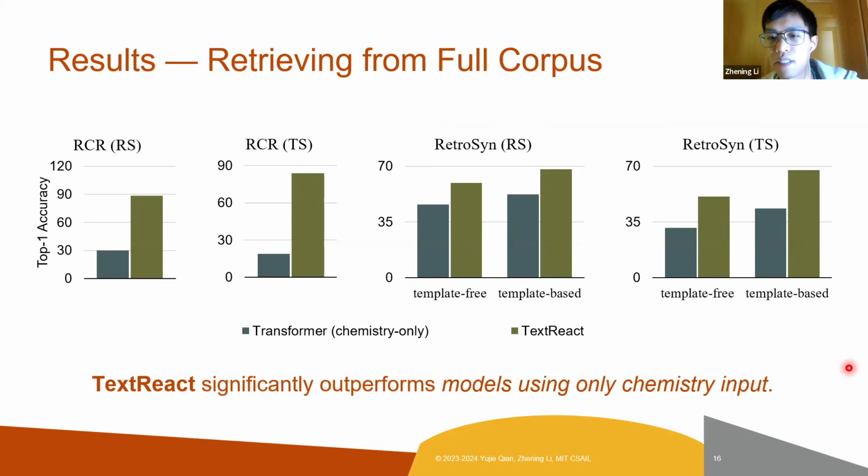So this depended on the task. For reaction condition recommendation, we used 8 GPUs at once. It was either A6000 or A100 most of the time.